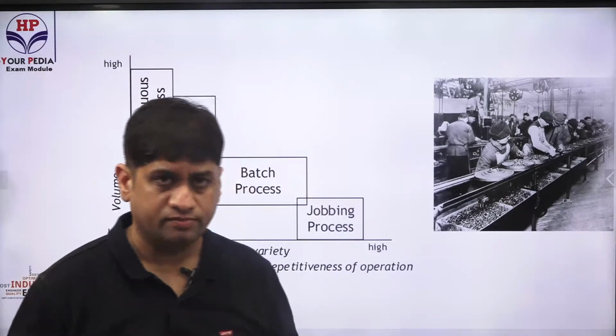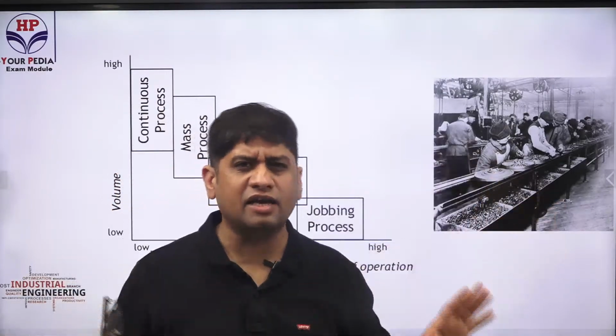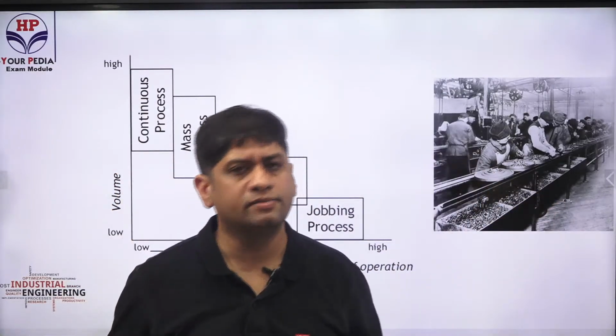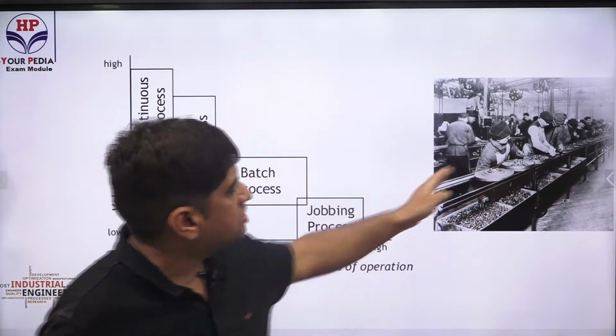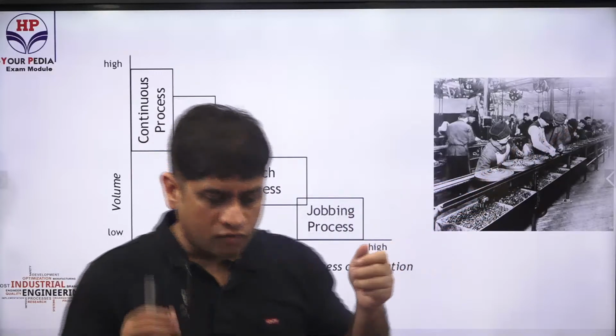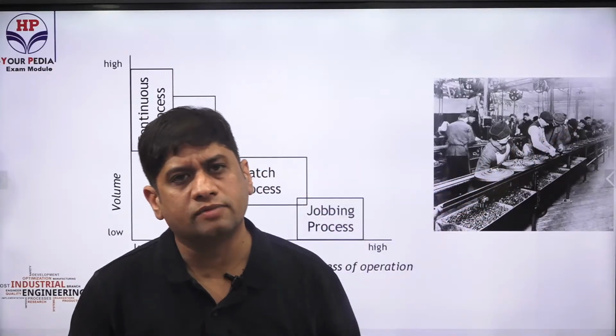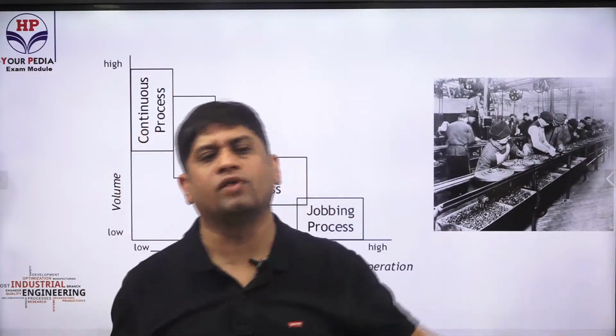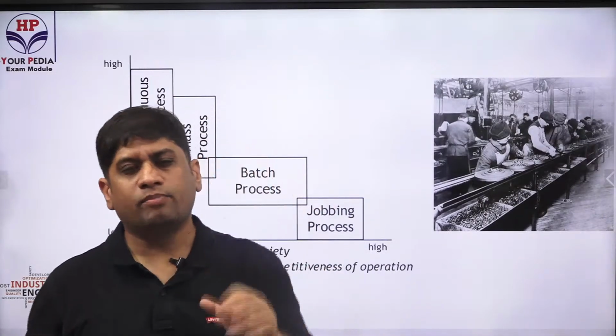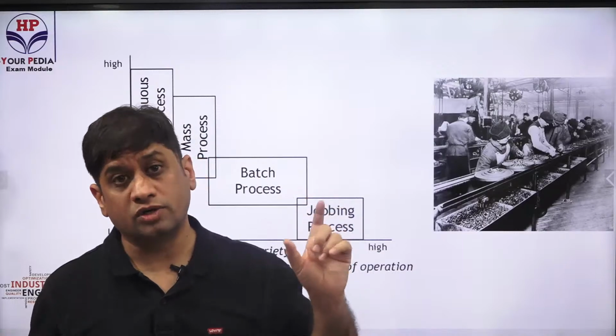Nut and bolt, there is no variety, similar kind of products are made, standing on the lines. One man is doing only one kind of work, and then it goes to the next station, where he is also doing similar work. One product but in millions, nut and bolt.